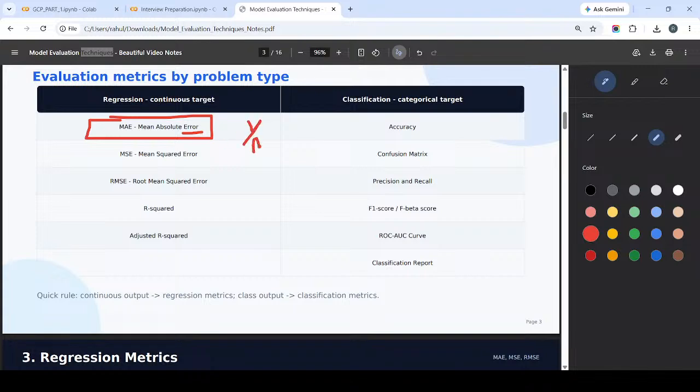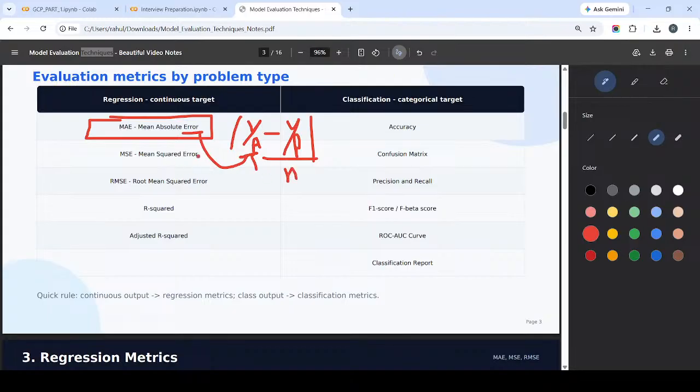Error is y actual minus y predicted: the actual value of our target variable minus our prediction. That difference is called error. Mean absolute error is the average of the absolute difference. Absolute means we don't consider the sign. We take the mod of it, so we only consider the quantity. So this is the mean absolute error.